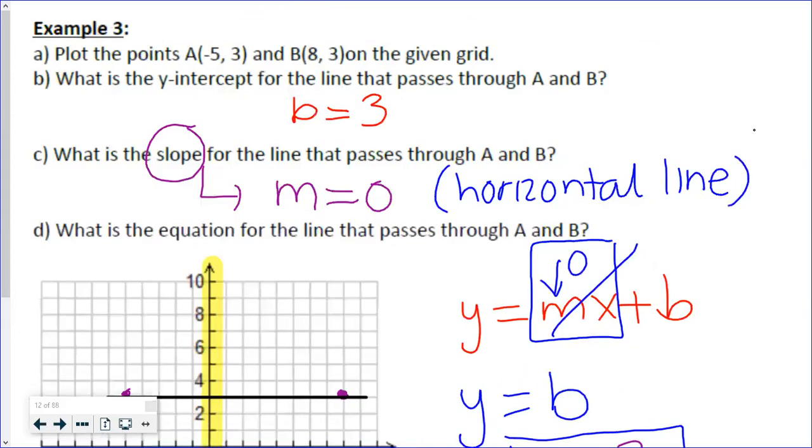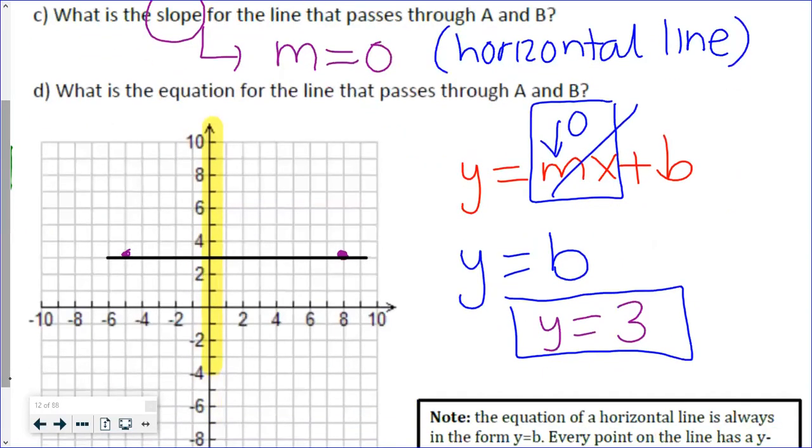Now, what if you are given just 2 points on the line? So if I have points -8, +3, and 8, 3, what is the y-intercept? Well, if we plot these points on a line, I will find that I have a horizontal line here.